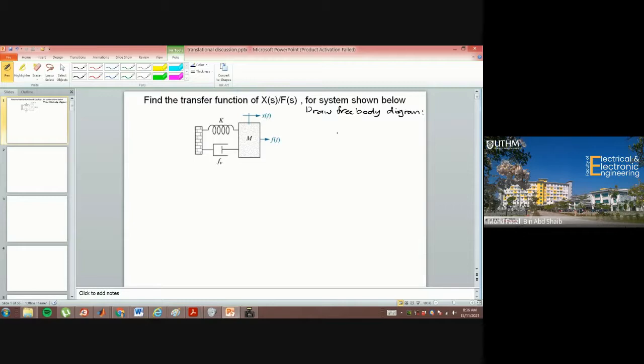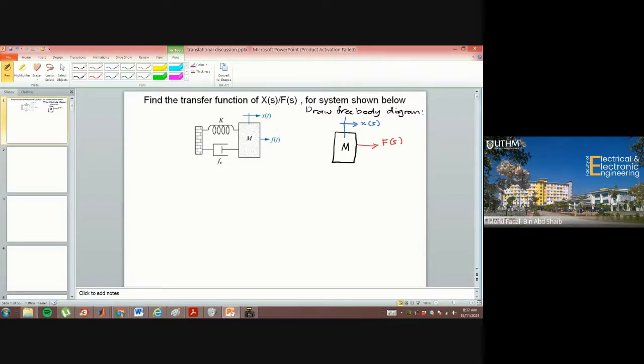We draw the M first. This is the direction XS, and this is the direction of FS.